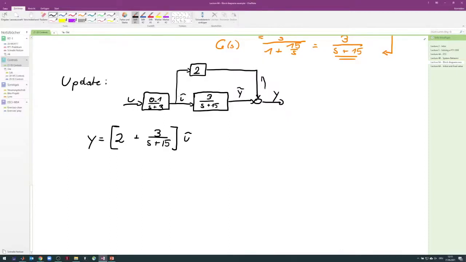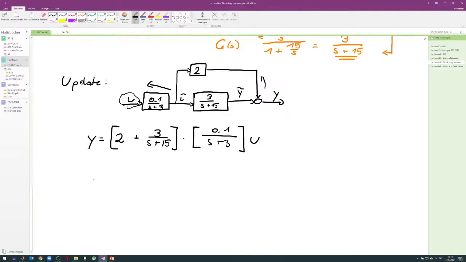We just get U tilde away, and we go further to the front, and then we multiply by 0.1 over S plus 3, and now we are finally reaching our desired input U of S. Okay, and now it's just really simple, bringing on the same denominator and so on.